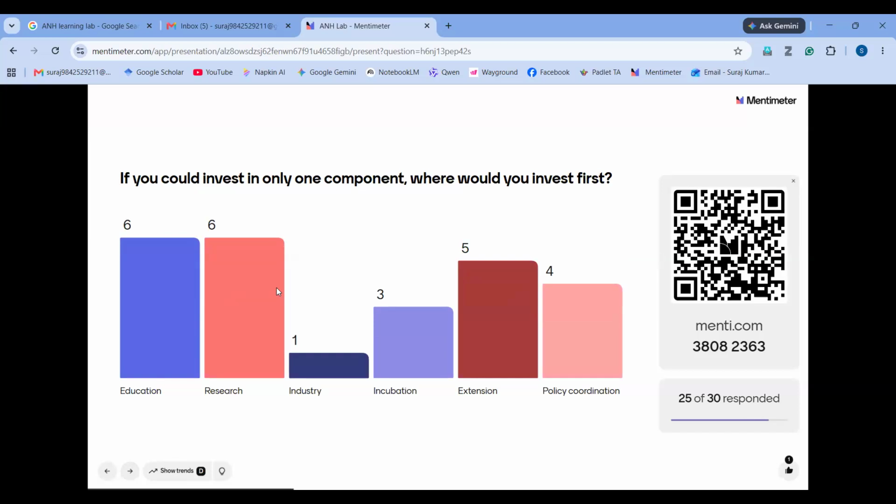There is a weaker linkage between the research and the farmers. The actual farmer problems are not being researched, and that's why the innovations are not useful for the farmers. Maybe that is one reason, but another reason may be that the research activities are not appropriately being extended to the farmers.